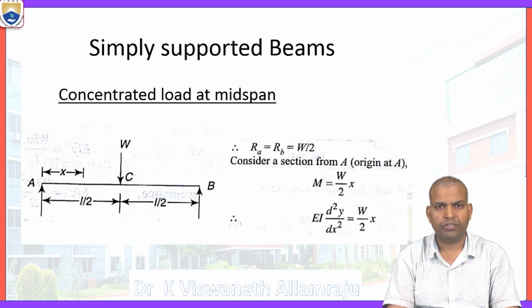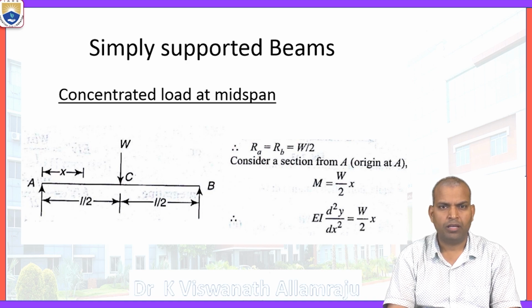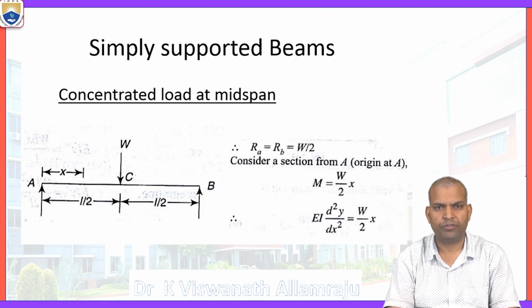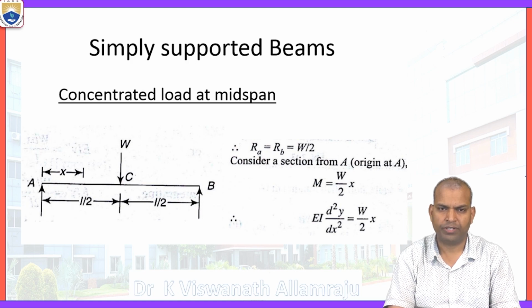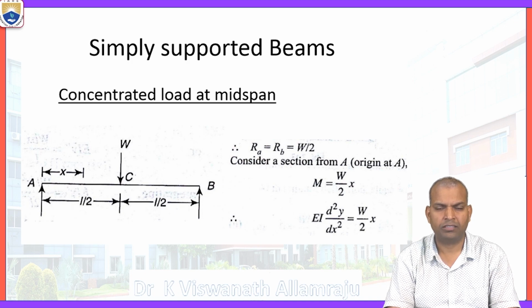And in part 2, using the double integration method, we considered a cantilever beam. In case 1, a concentrated load at the free end. In case 2, a concentrated load acting at any distance on the cantilever beam.